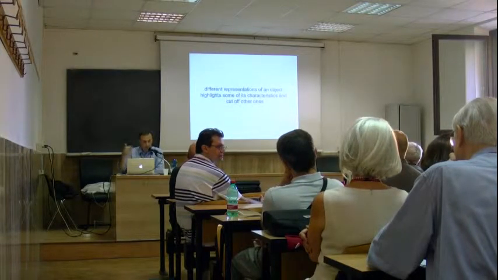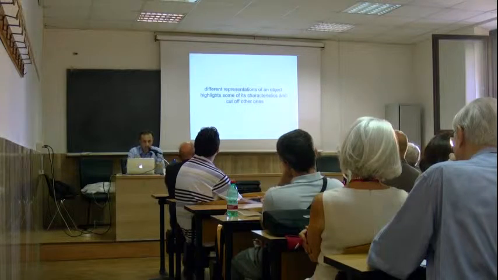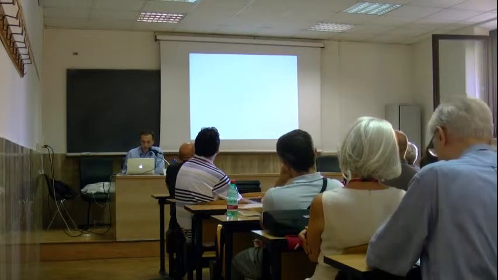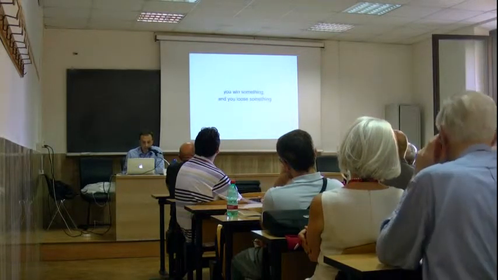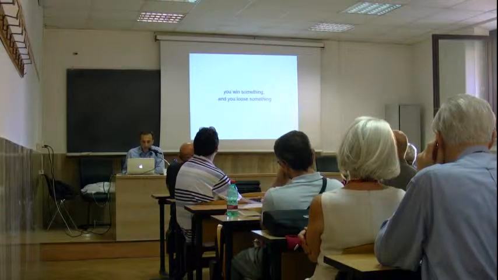So as we will see, different representations of an object highlight some of its characteristics and cut off deliberately other ones. So in a sense, you always win something and you always lose something. And I will try to give substance to this affirmation in what follows.